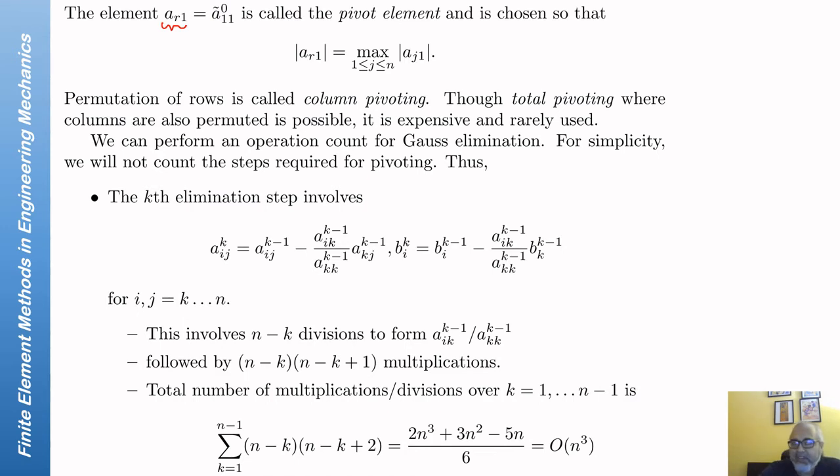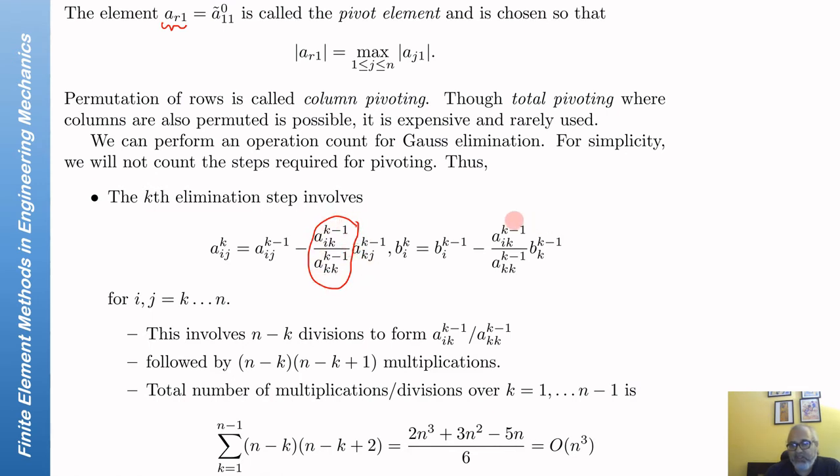Earlier we had seen that the number of steps necessary for a backward substitution is of the order of n square. Here we see per every step we have a set of divisions. In fact, we have n minus k divisions, and then we have multiplications.